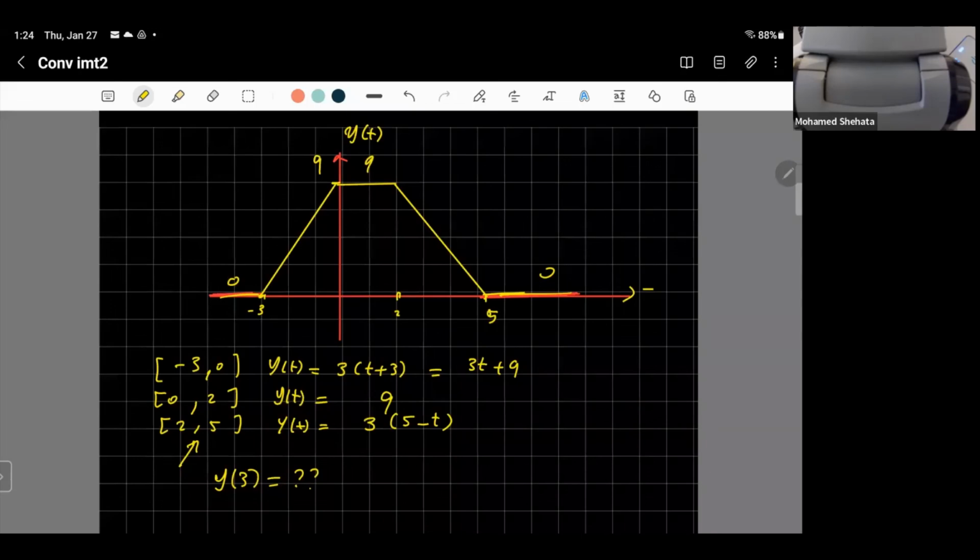So use this equation. So we'll say y of 3 is equal to 3 times 5 minus 3. I put here t equal 3. So you will have 5 times 2, it's equal 10. Oh no, 2, 6, I'm sorry. That's not 5, it's 3. It can't be 10 because the maximum is 9. So that's another thing. When you get all values, the value is equal 6.